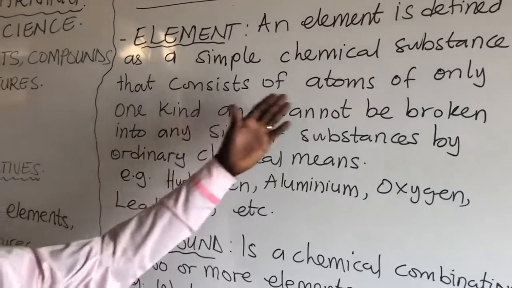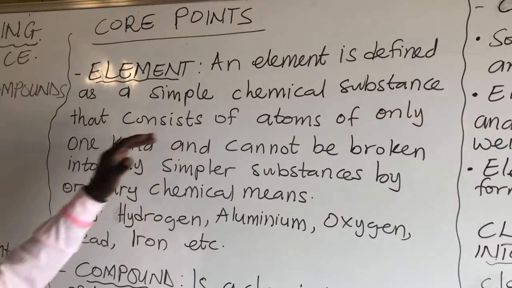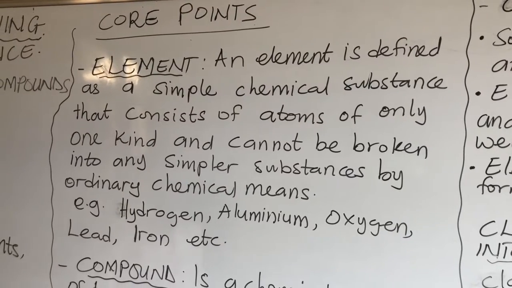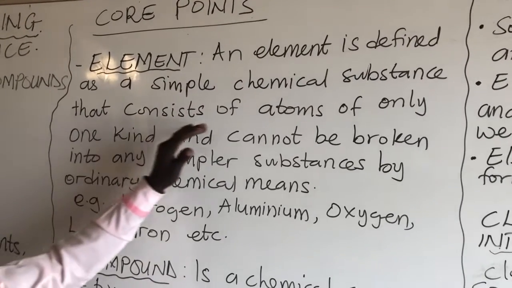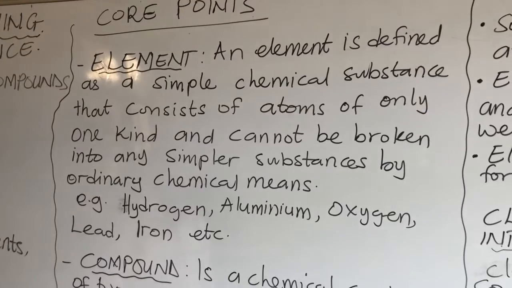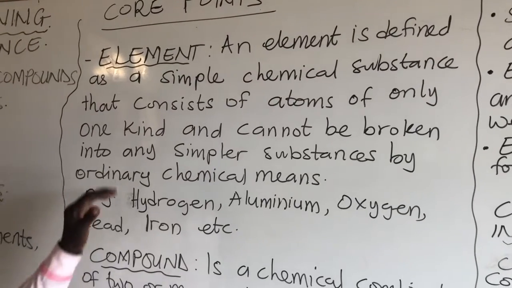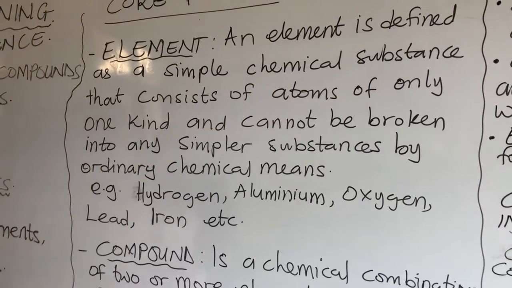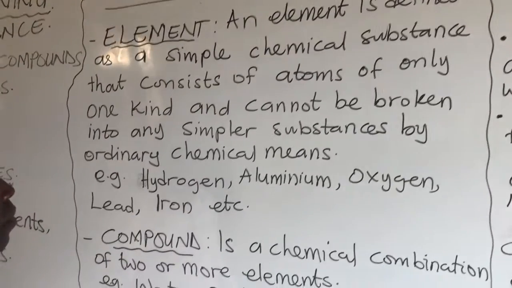Once again, an element is defined as a simple chemical substance, which is a natural substance that consists of atoms of only one kind and cannot be broken into any simpler substances by ordinary chemical means.